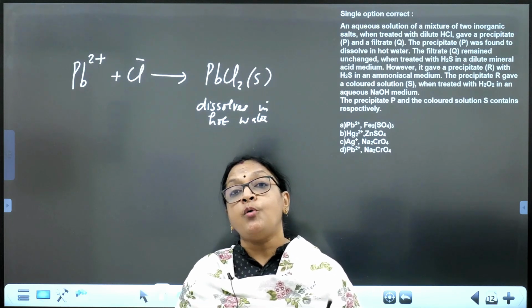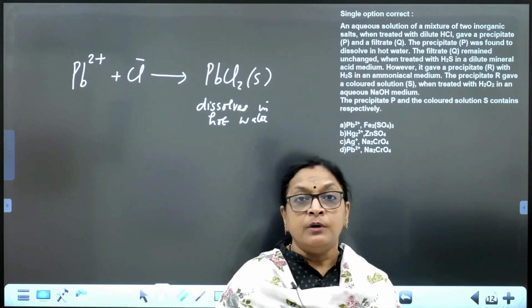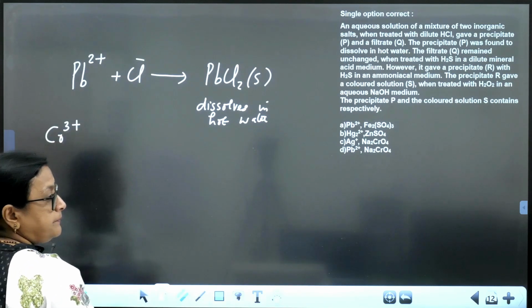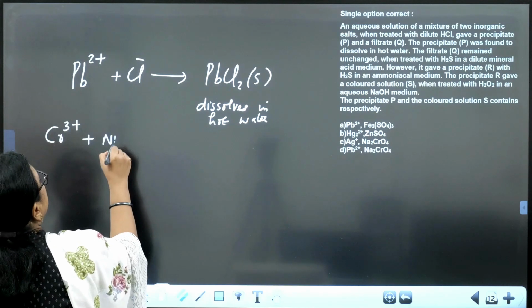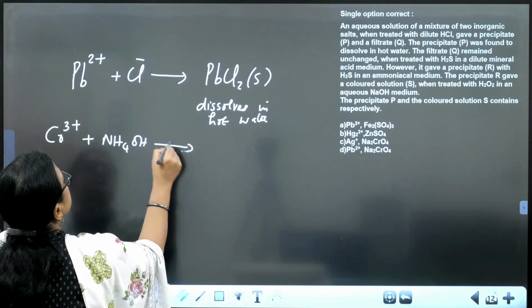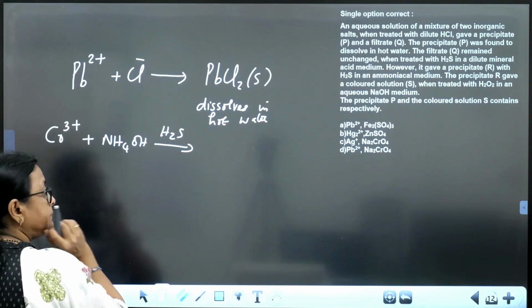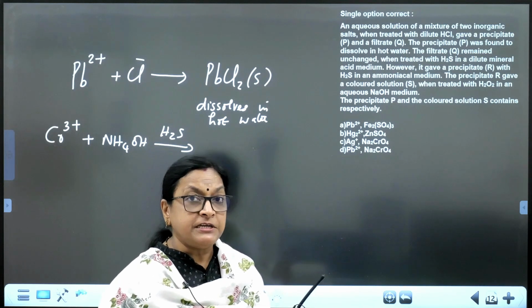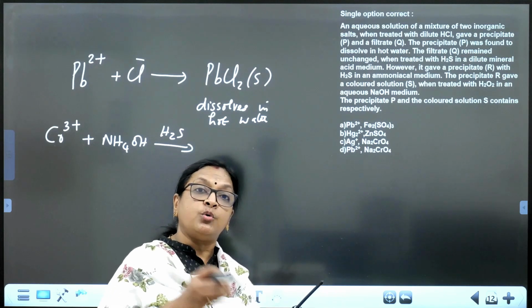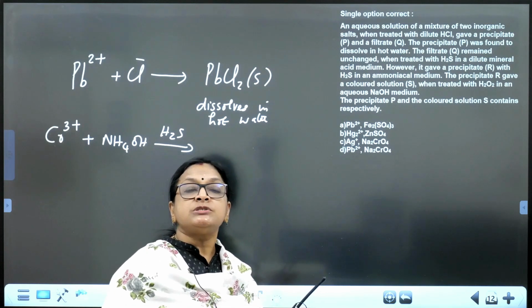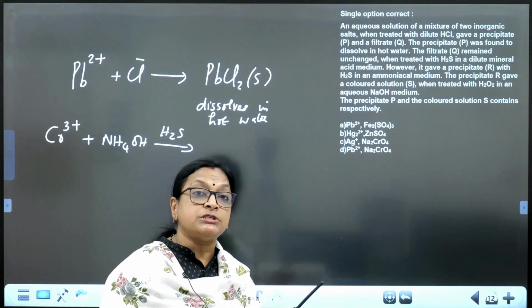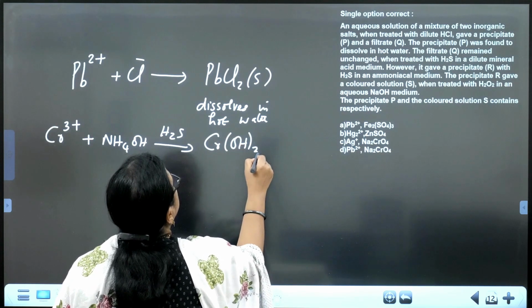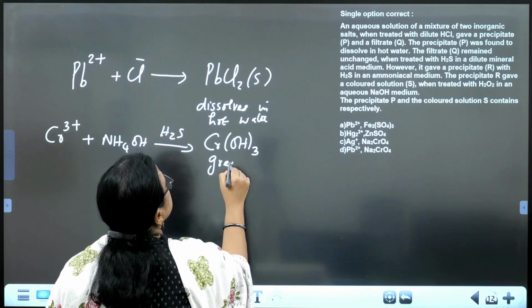So when you go to chromium, there is a possibility, where Cr3+ ions, if present in solution, are treated with ammonium hydroxide and H2S medium. Chromium hydroxide is precipitated. Remember, it's not chromium sulfide; chromium hydroxide has a lower KSP value, or lower solubility, than chromium sulfide. So it is chromium hydroxide, Cr(OH)3, which is precipitated, a green precipitate of chromium.